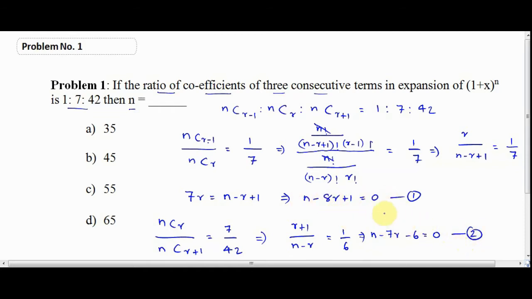We may solve them to get the value of n and r. When you solve this, you will get n = 55, and the r value will be 7. Here we are asked to calculate the value of n, and we are getting it as 55. So the right answer is given by option C.